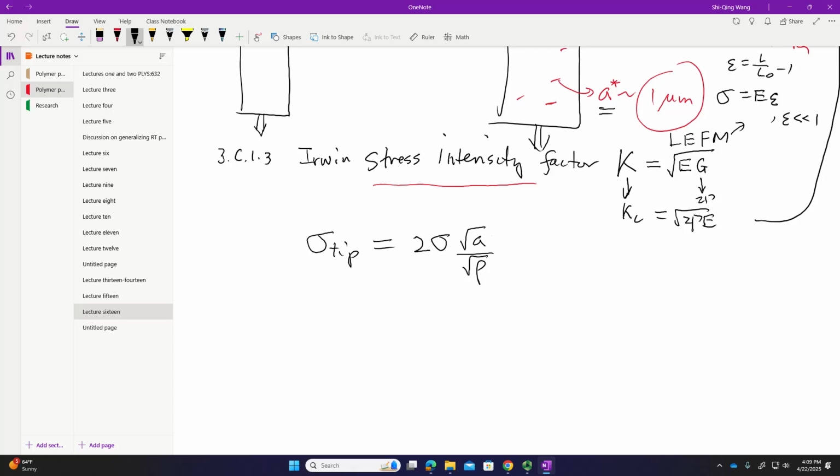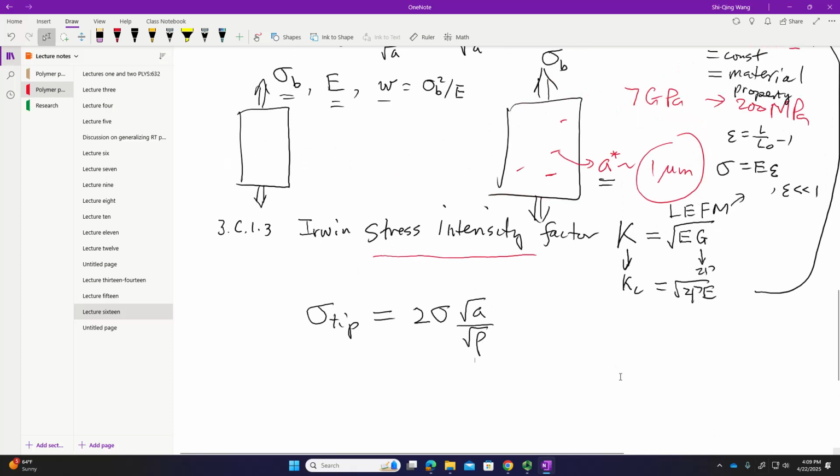And therefore, G is sigma squared A over E. So I'm just trying to do a few things. In this notation, I'm going to ignore the pi. This is nothing but sigma squared A, and therefore nothing but K squared, meaning this K shows up in the Inglis solution, actually.